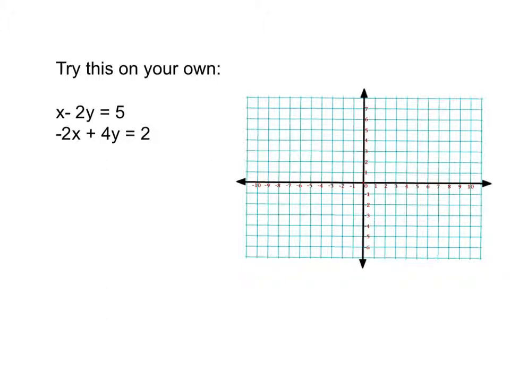Is there a relationship between this x and this -2x? Think about how we were trying to solve this using elimination. Was there a number that we could multiply by x to get it to be the same as that -2? So for your fourth question, what number should you multiply that top equation by?